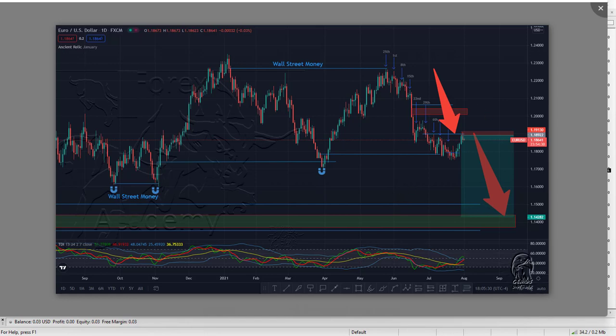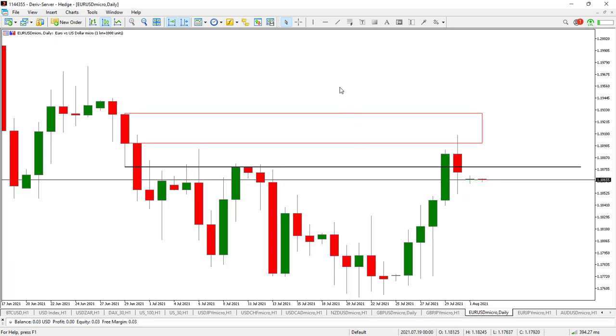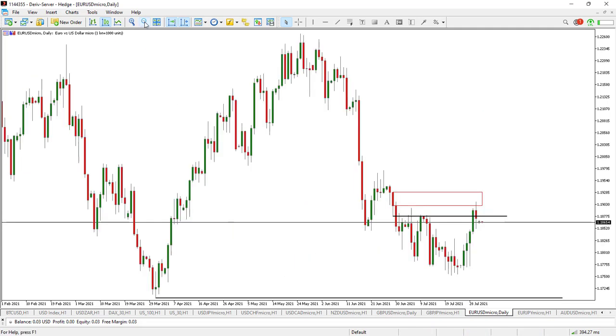Let me analyze Euro USD using the same procedure that I did with GBP USD. The market is ranging within this high and this low.